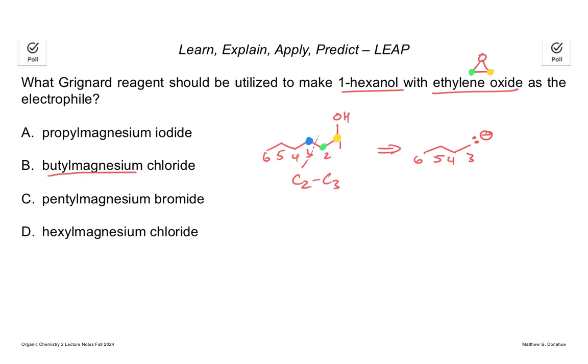So the best answer would be the butyl magnesium chloride. That's going to supply the right number of carbons to make that final molecule. So the important part of all of this is learning the versatility of what bonds you can break to make something in the forward direction.